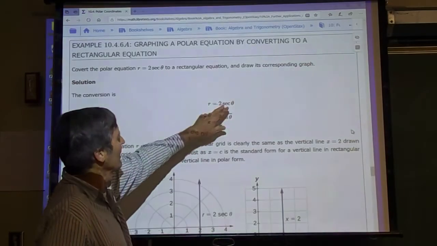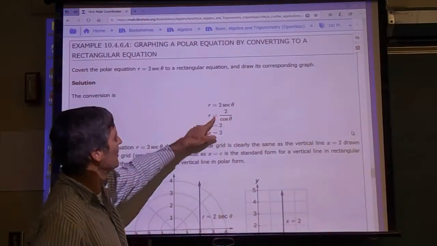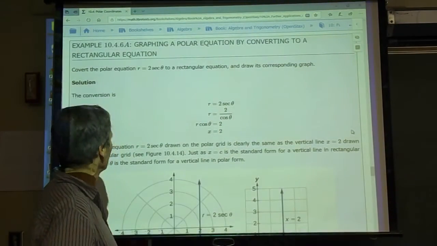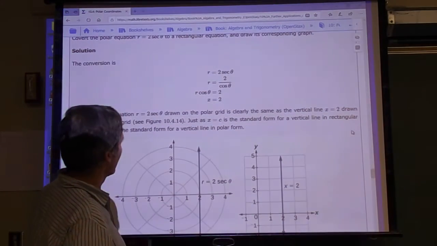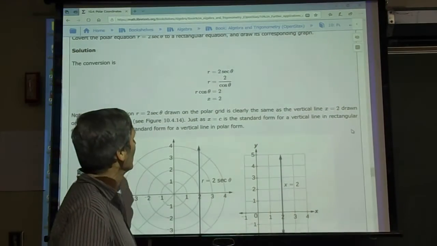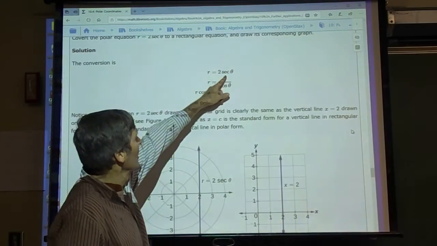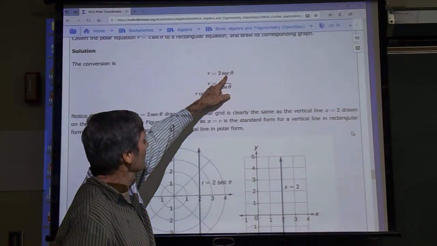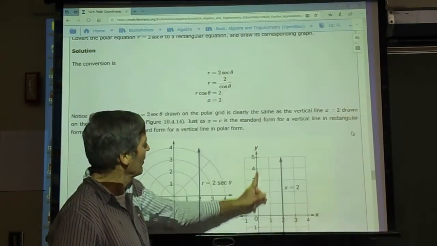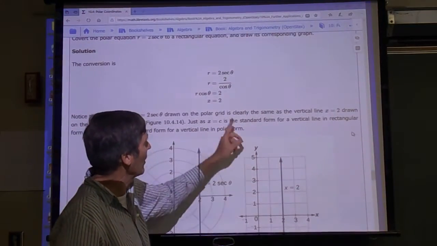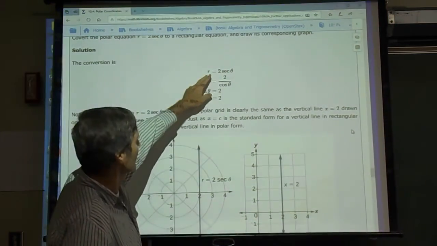There is a possibility of secant theta being undefined at certain angles, and we ignore that when we multiply through by cosine theta here. So r equals 2 secant theta is this line x equals 2, but at theta equals pi over 2, secant is undefined, and fortunately that's the angle in this direction, and also minus pi over 2, that's the angle in this direction, which doesn't contain any points on the line, so this is actually just the line.